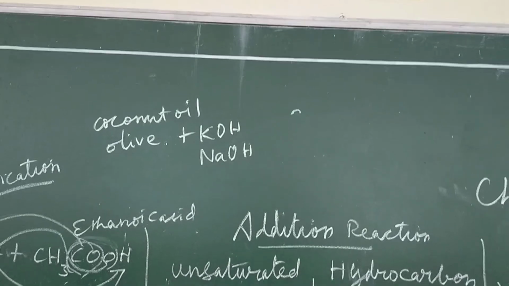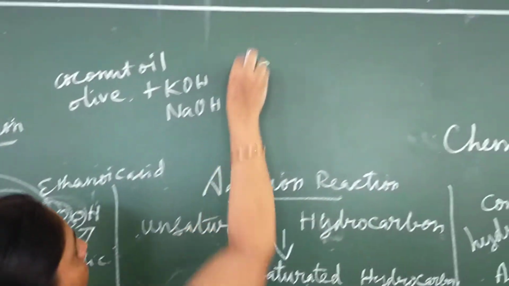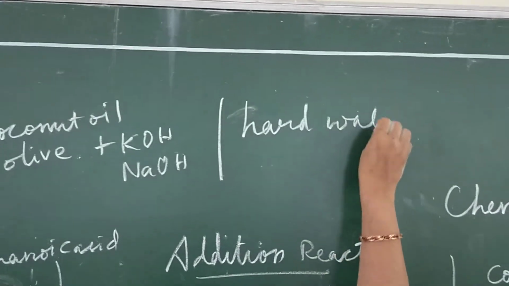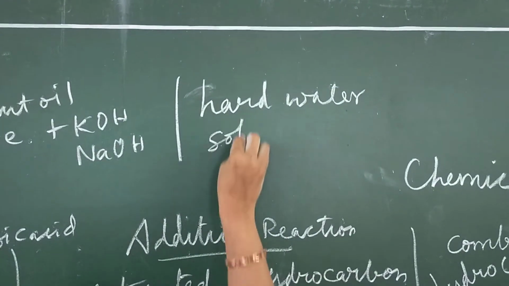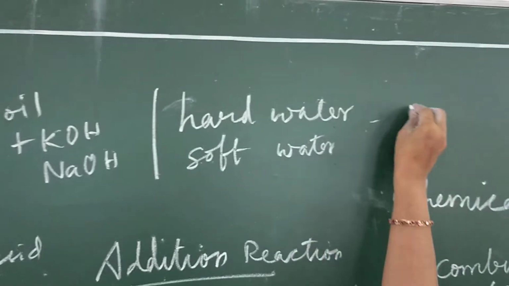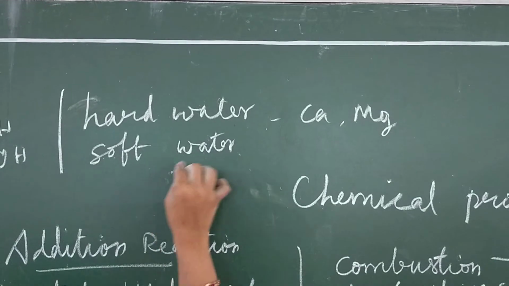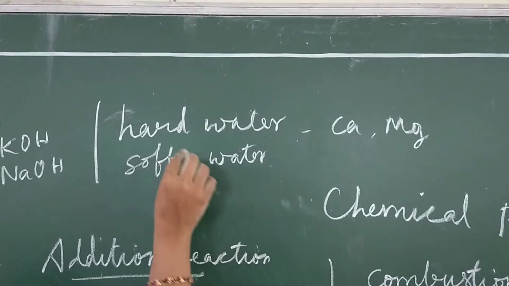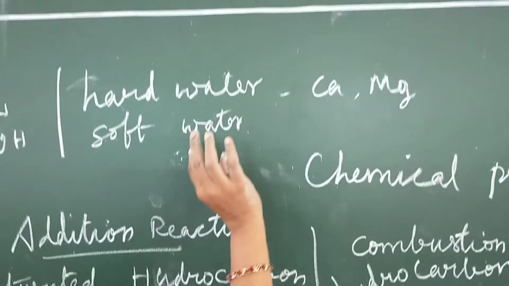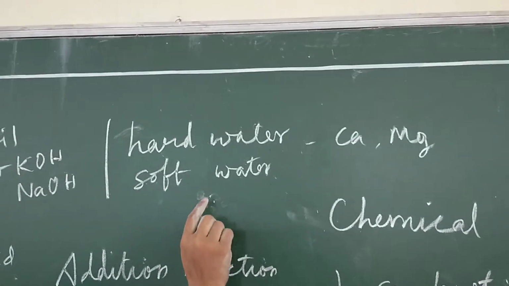That is saponification. So hard water, soft water is there. Hard water contains calcium and magnesium salt. Soft water does not contain calcium and magnesium salt. So hard water give less lather. That means foam did not come for this hard water. Soft water give more lather.